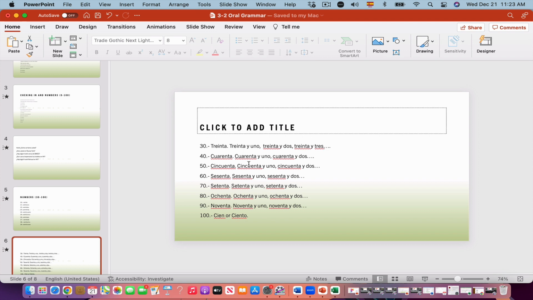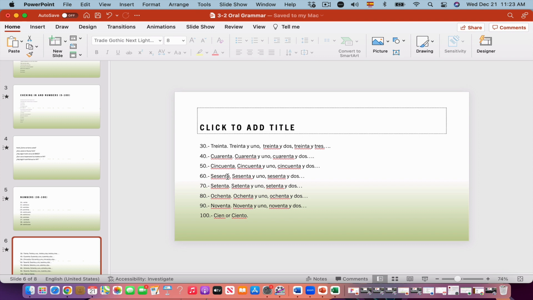When you get to 40, you use the word cuarenta, and then you do exactly the same. Cuarenta y uno, cuarenta y dos, cuarenta y tres, so you keep counting like that. When you get to the 50, the word is cincuenta. So 51 is going to be cincuenta y uno, cincuenta y dos, cincuenta y tres, and so on. When you get to 60, the word is sesenta.